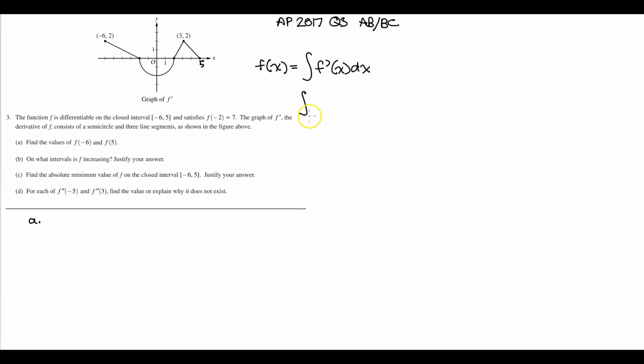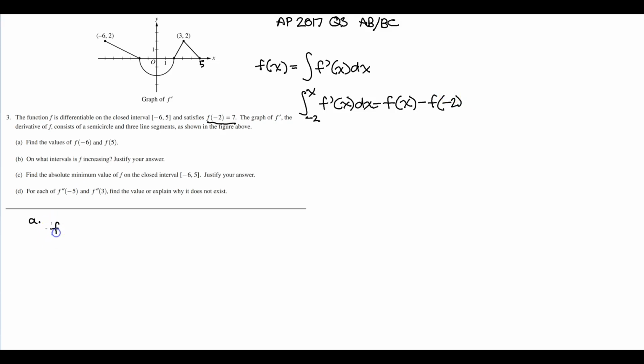What's lucky is that they give us f of -2 equals 7. So our lower limit should be -2, and our upper limit should be x, of f prime of x dx. The reason I do this is because if you use the first fundamental theorem, you get f of x minus f of -2. And they give you f of -2, so this becomes quite easy.